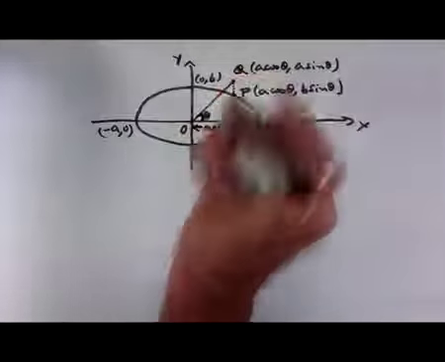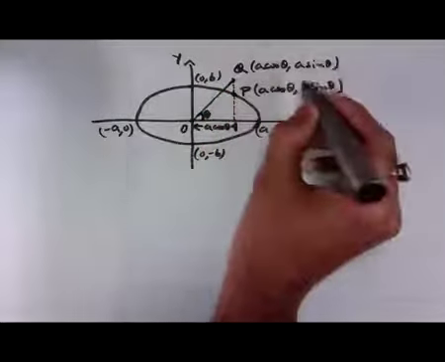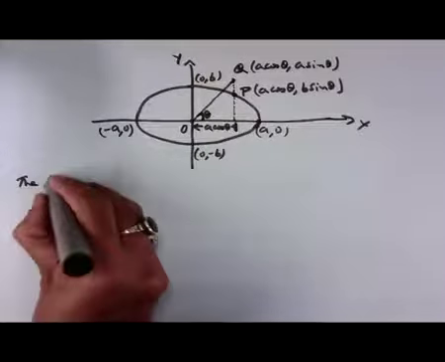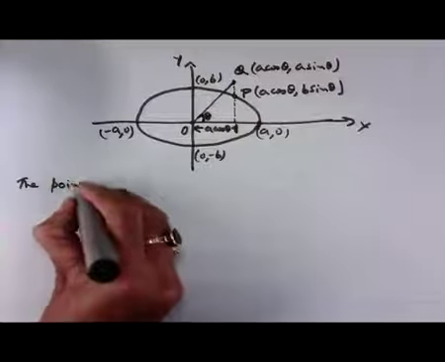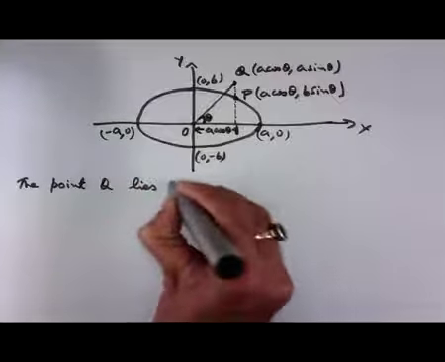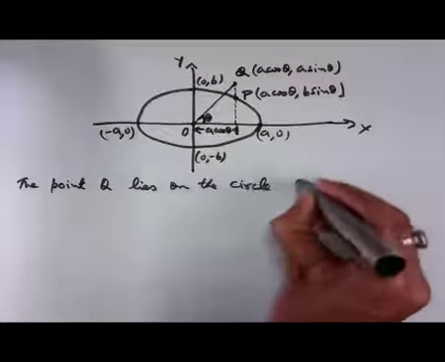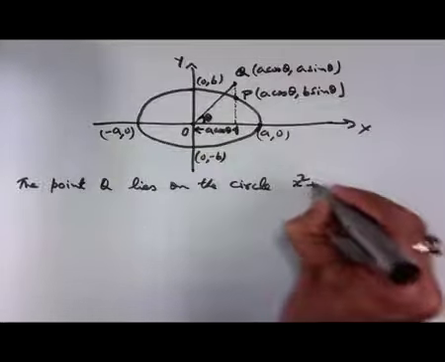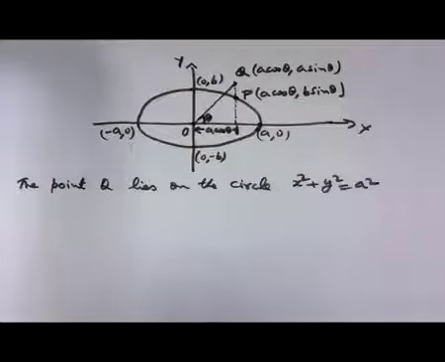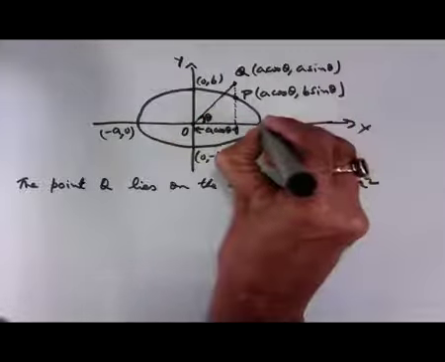This point Q lies on the circle x square plus y square equal to a square. So, this is the circle which is again centered at the origin, with radius equal to a.